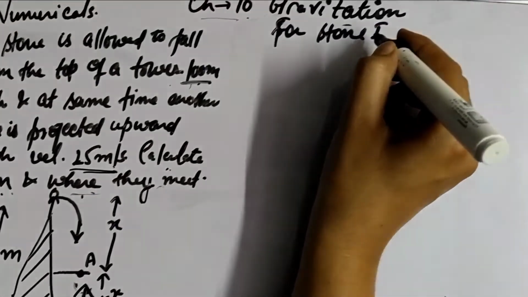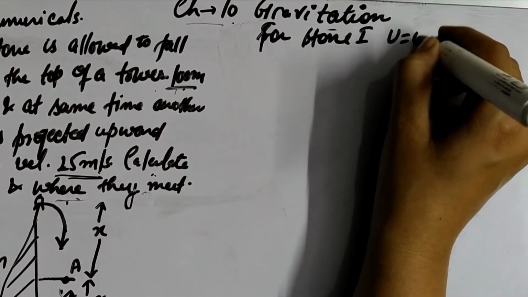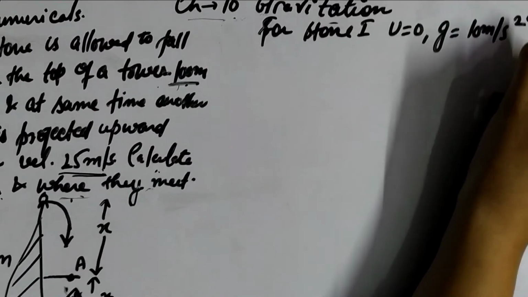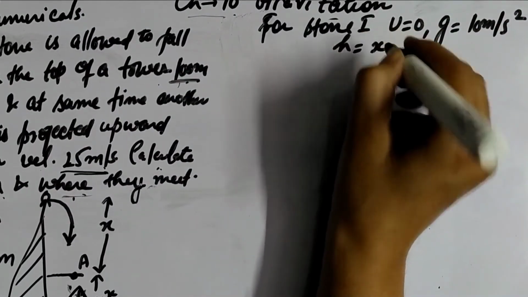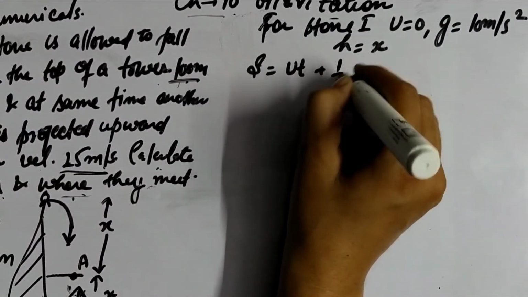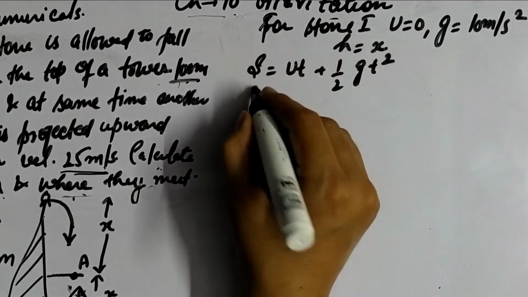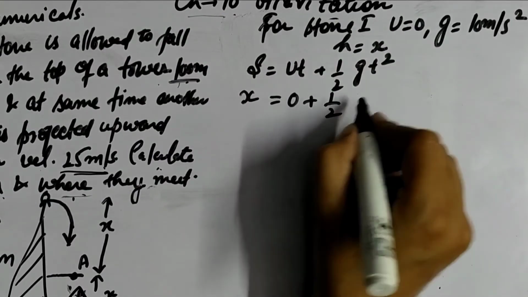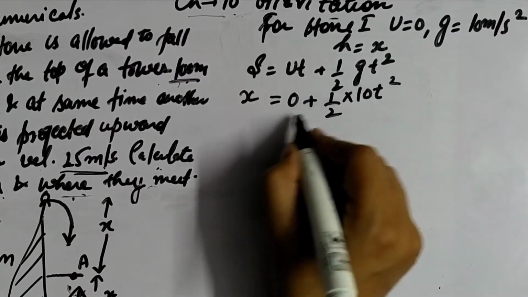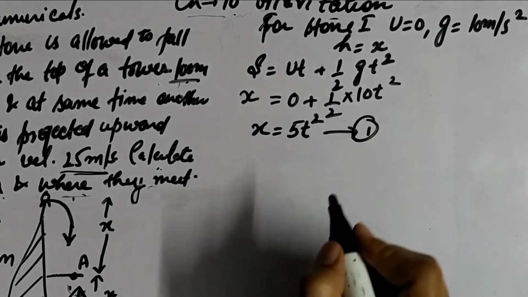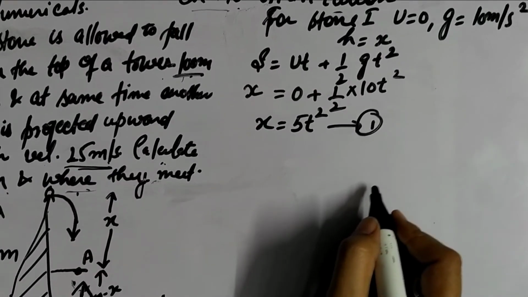Because it is released in downward direction, u is 0 and g is positive 10 meter per second square, and the distance covered by the stone is x. So apply the second equation and put all the values: x equals 0 plus half into 10 t square, so we get x equals 5t square. This is equation number 1 for stone 1.